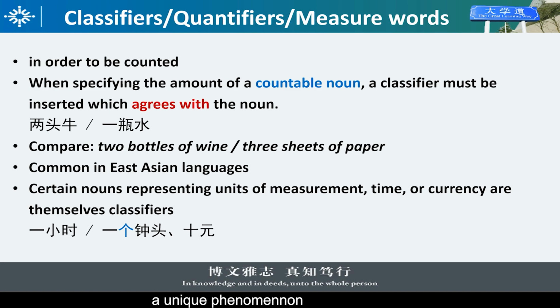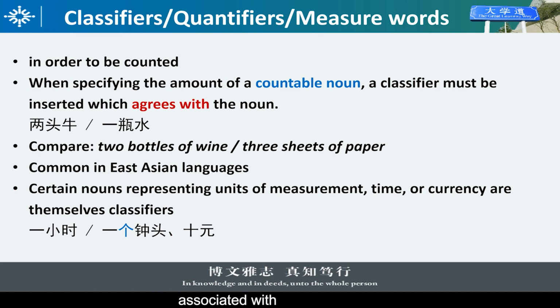And this is not a unique phenomenon in Chinese, but it's very common in East Asian languages. And certain nouns representing units of measurement, time, currency are themselves classifiers, so you do not need to use more. For example, 1小时, 小时 is a classifier itself. Okay. It's not necessary to say 1个小时, but sometimes we say 1个钟头 in Mandarin. Okay. 10元, okay, $10 or 10 yuan.